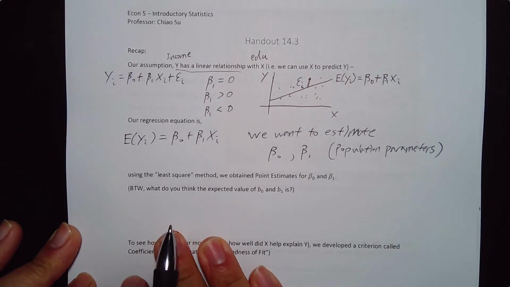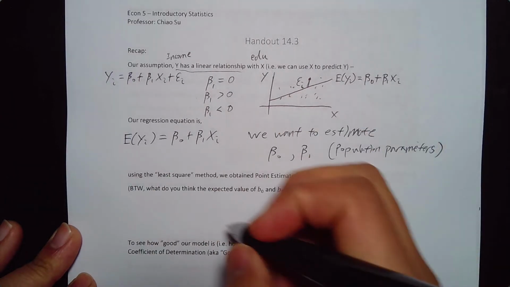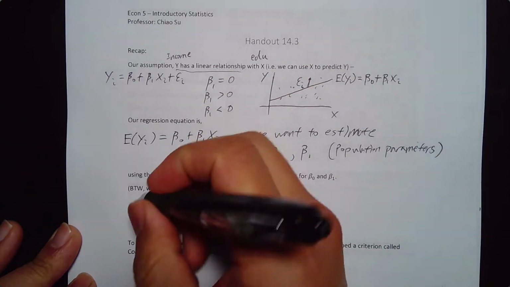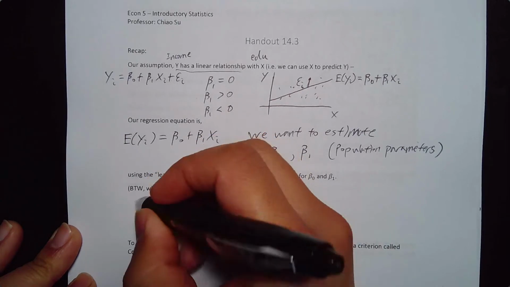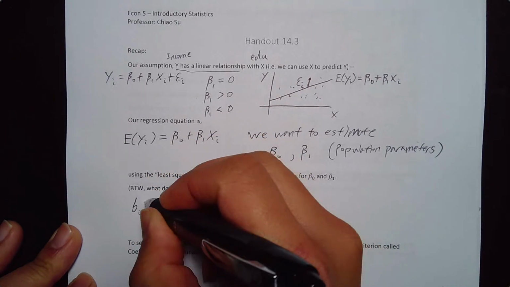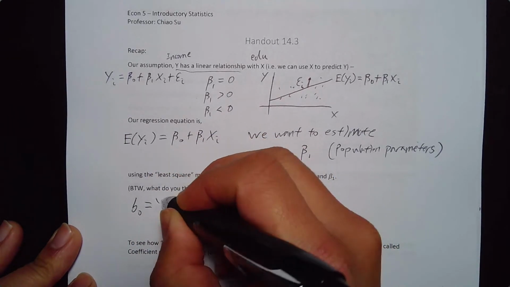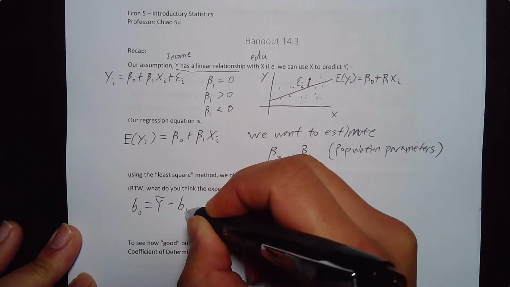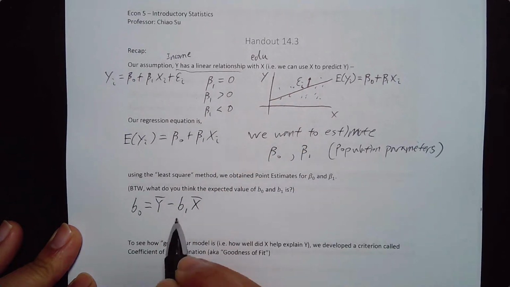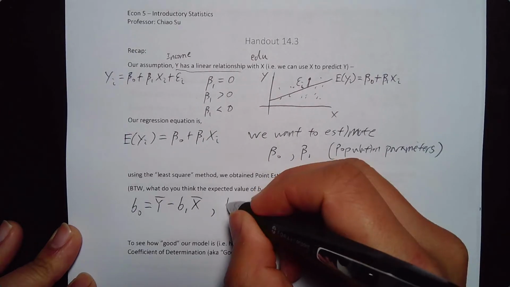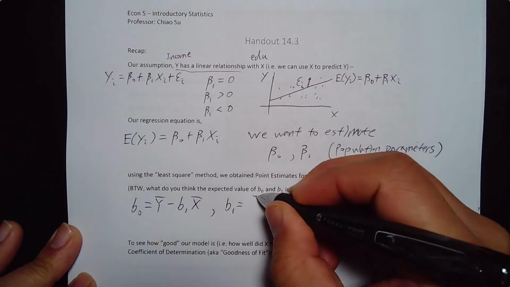Now, how do we calculate these estimators? To estimate beta naught, we use b0. Calculation is very simple. It's y bar minus b1 times x bar. So we'll need to calculate b1 first. So b1 is this.